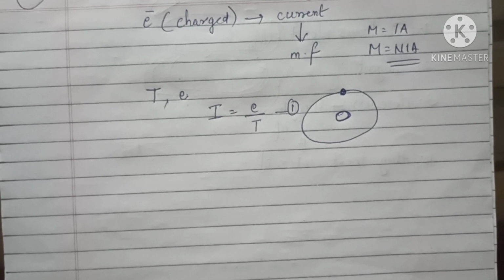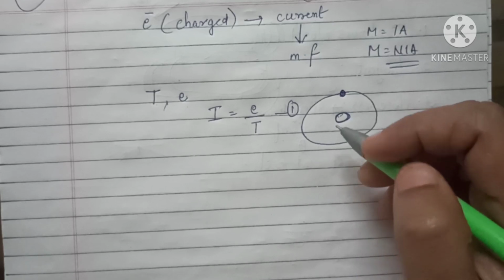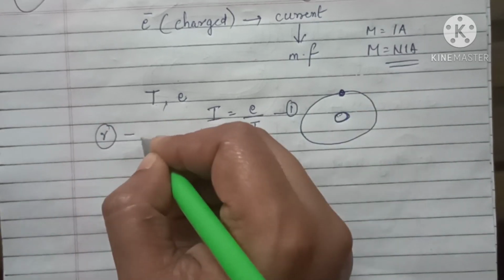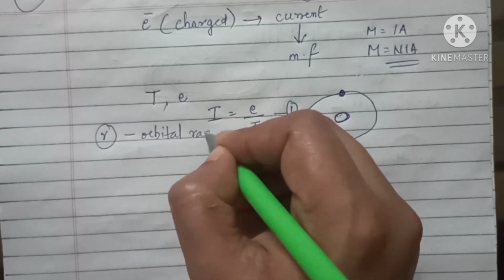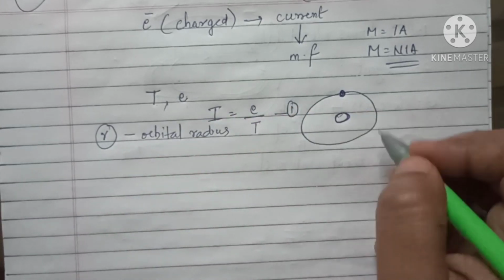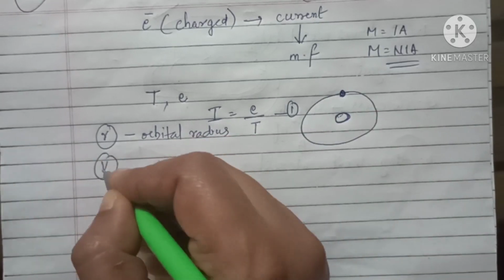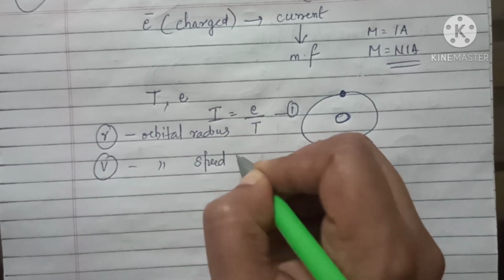Now, this particular electron has an orbital radius. Let the radius be r. Okay, r is the orbital radius of the electron, and let its speed be v. That is, v is considered as the orbital speed of the electron.